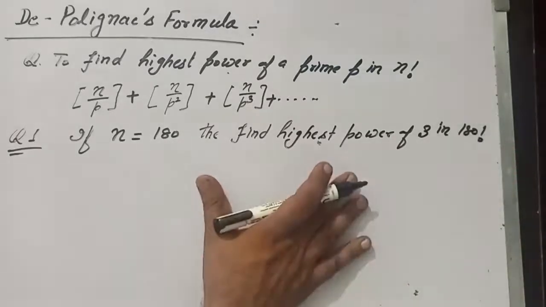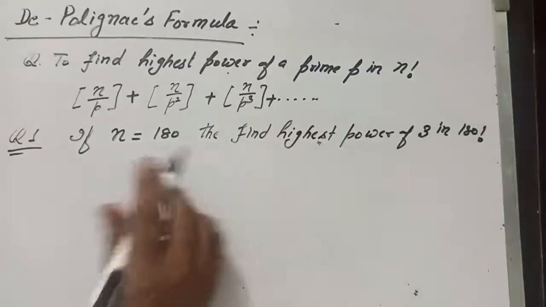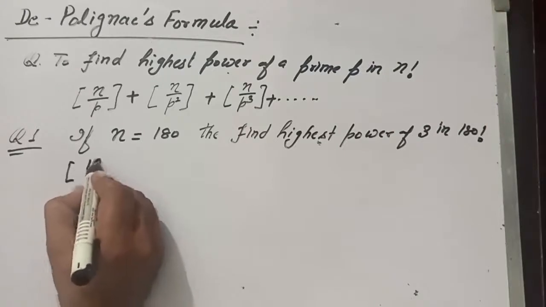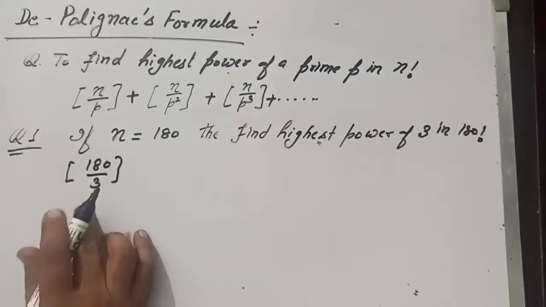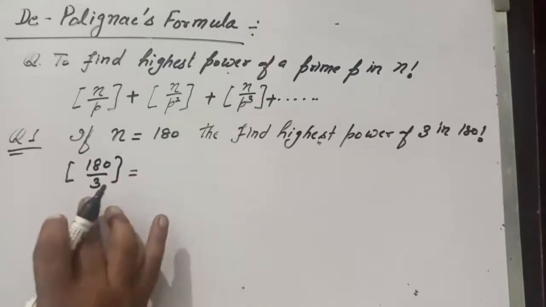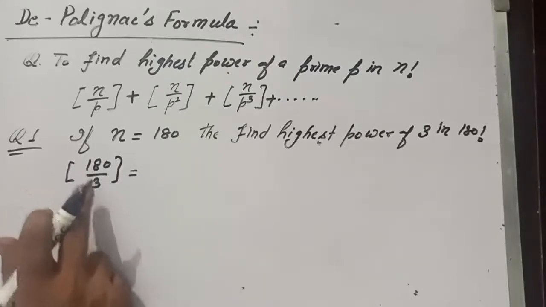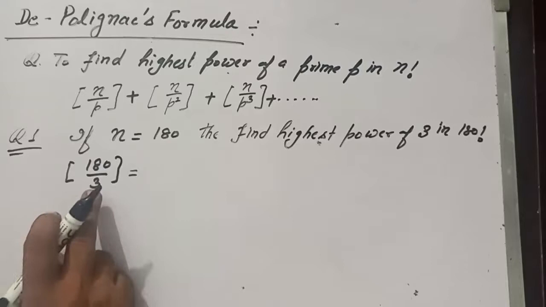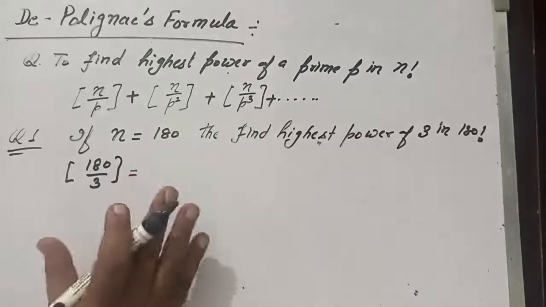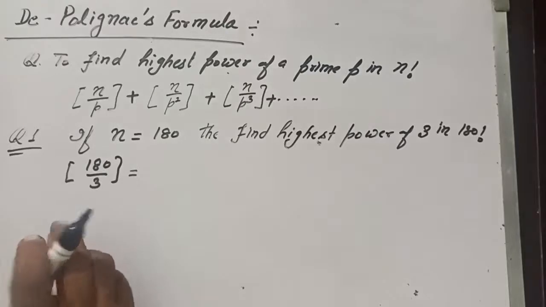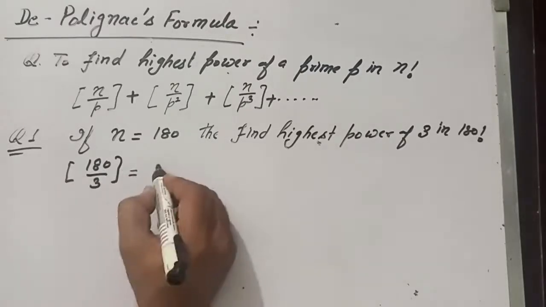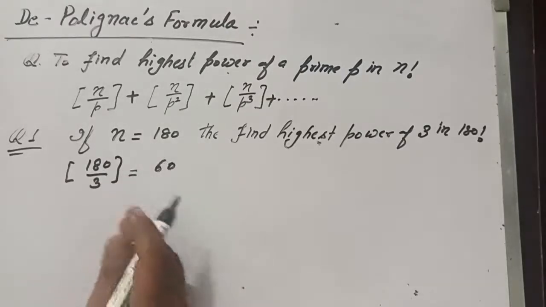So this is your first question. What you have to do? Just calculate the greatest integer of 180 by 3. We just divide 180 by 3 and choose the quotient, and leave the remainder. So here the quotient is 60 and the remainder is 0, which is left out.